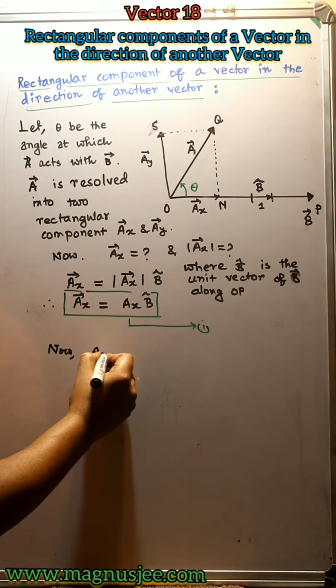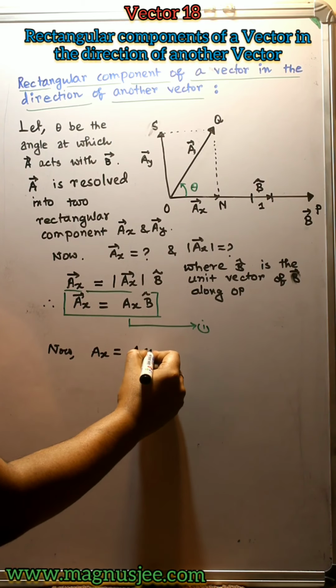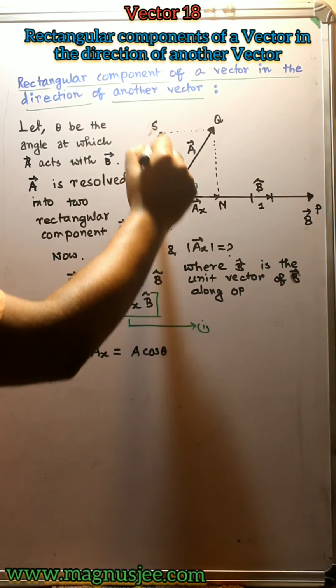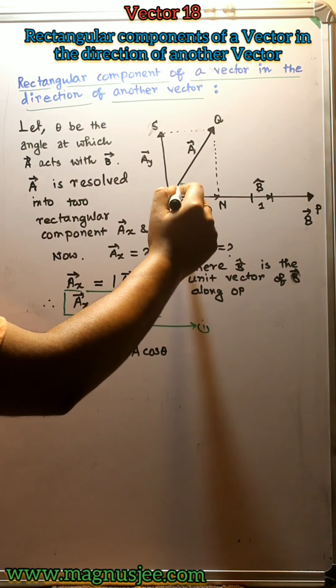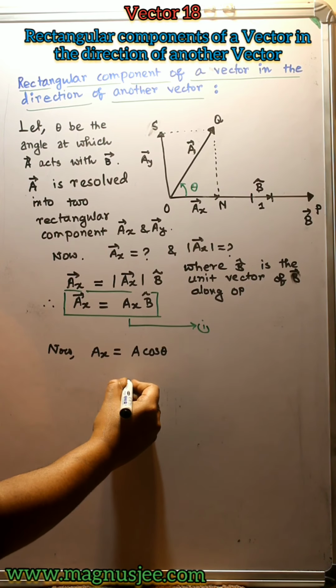Now, Ax equals A cos theta, the rectangular component of vector A in the direction ON.